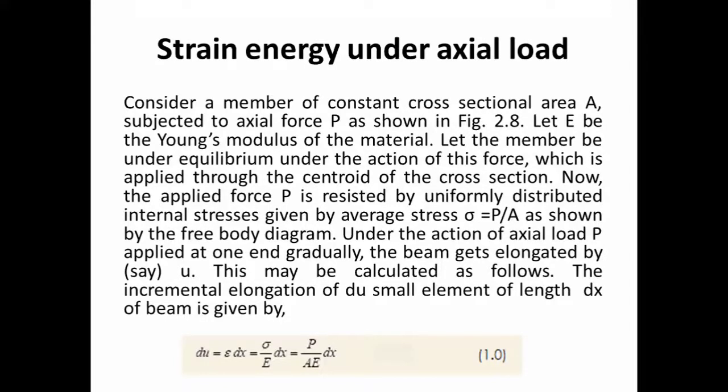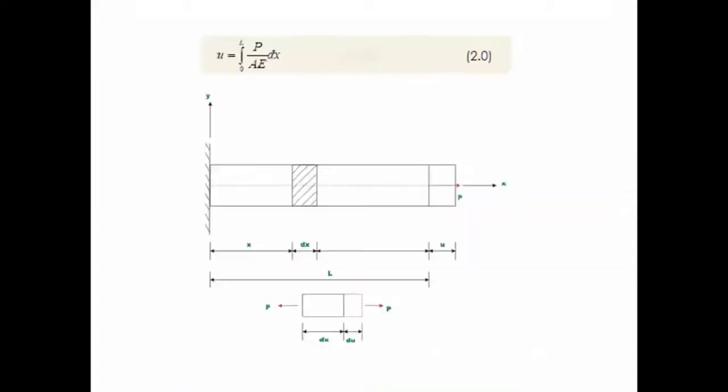What will be strain? It will be change in length upon original length. How much was the original length of the considered hashed part before the elongation? It was dx. This is the length of the small part that we considered before elongation. So this is the original length.